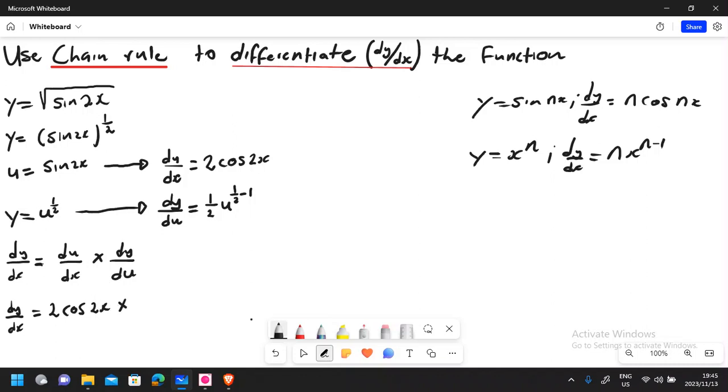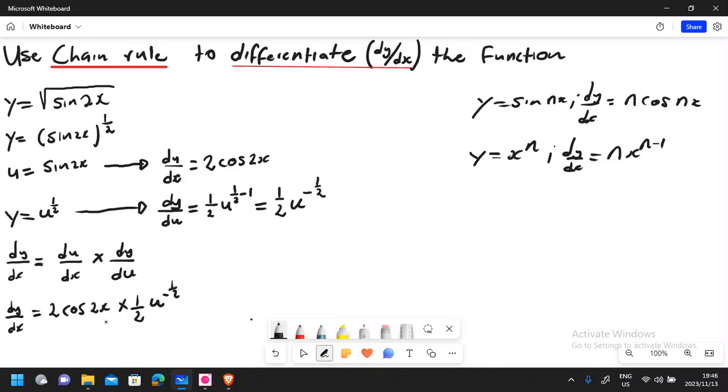Then multiply by our dy over du, which is half u, and then what is half minus 1? It's going to be negative half. So it's going to be 1 over 2 multiplied by u to the negative 1 over 2.